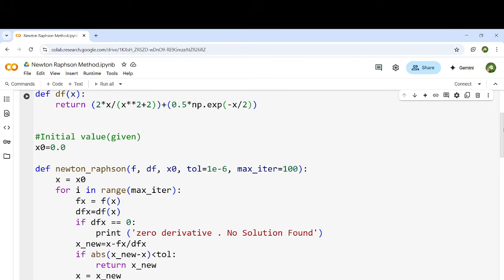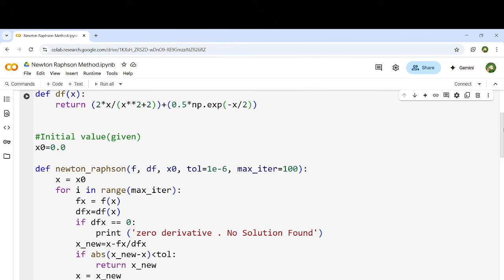Then I have defined the Newton-Raphson method formula. So def, which is the keyword, and Newton-Raphson, I took the name of the function as Newton-Raphson, and in the brackets the arguments are written f, df, x0, and here I have taken the tolerance as 10 to the power minus 6 and the maximum iteration as 100.